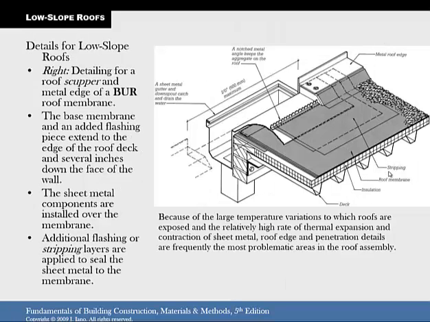Here's a roof. When I said you could slope all the water down to one side, this is what that scupper or that drain would look like. So you have a roof edge, then you have your roof deck. We'll start at the bottom. Then you got your insulation. Then you got several layers of membrane.